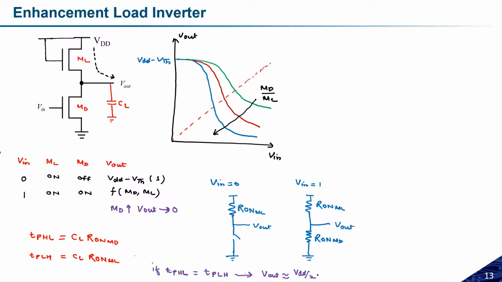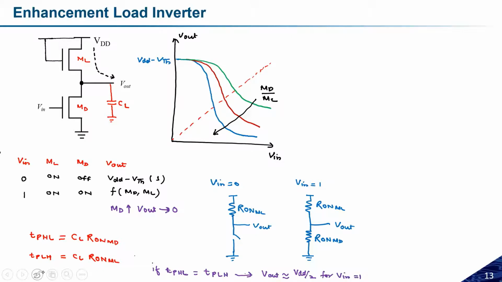So this is what you can achieve. And this is the problem: this is the maximum you can achieve for V in equal to 1. And similarly, you can analyze these things.